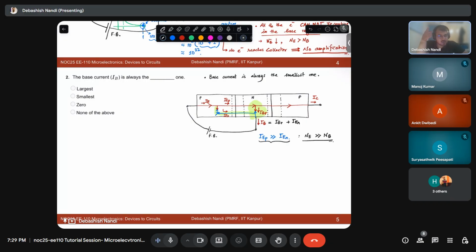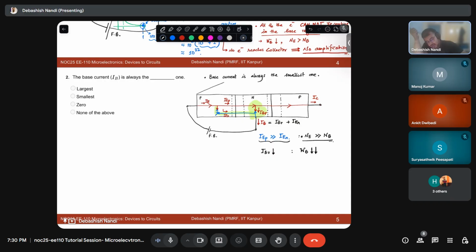Another condition is that the recombination current is lower. And what are the measures we take for recombination current to be lower? What are the design aspects? Base width to be low. Exactly. So your WB has to be lower, right?